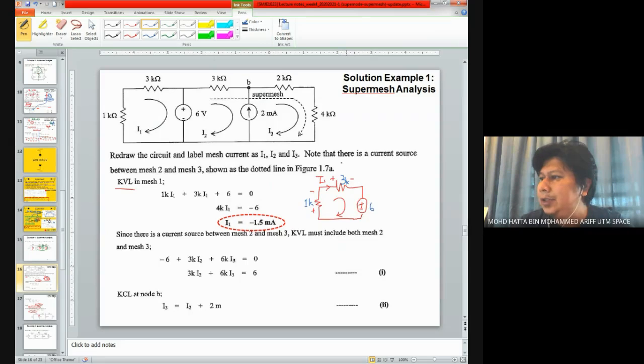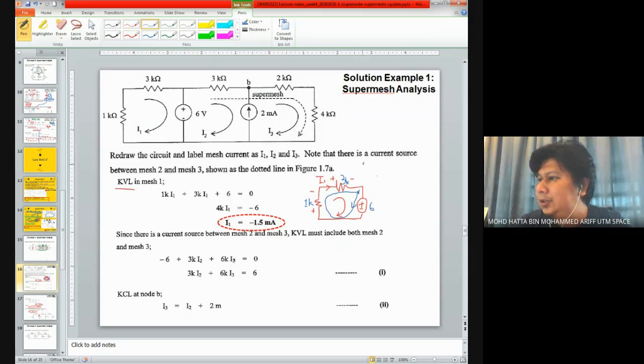Setting up the equation, let's say I start from here and go around the loop and return back to here in that direction.